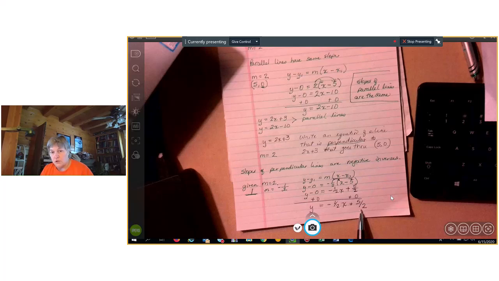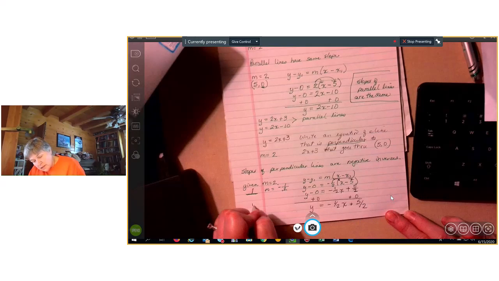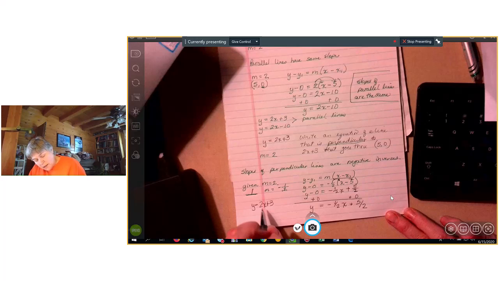So you should know how to do that, but we can now say that y equals 2x plus 3 and y equals negative 1/2 x plus 5/2. These two are perpendicular lines.